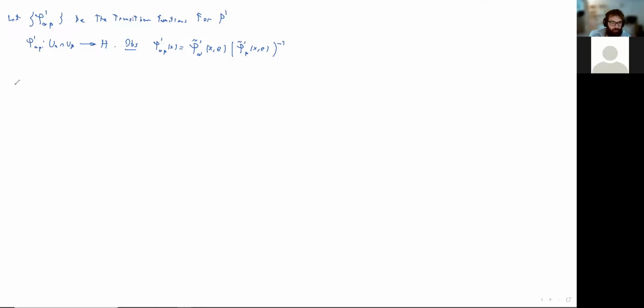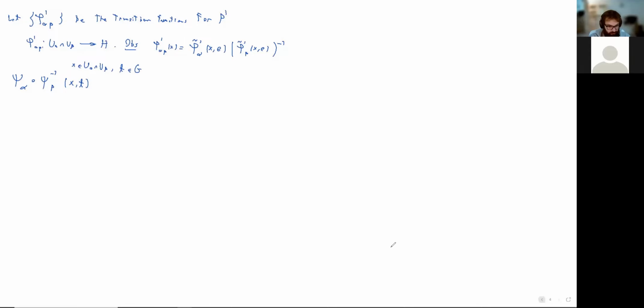Okay, so now let's go back to our transition functions for P. So we have to compute phi alpha composed with phi beta inverse of X t. And here X will be an element of U alpha intersected U beta, and t is just an element of G.